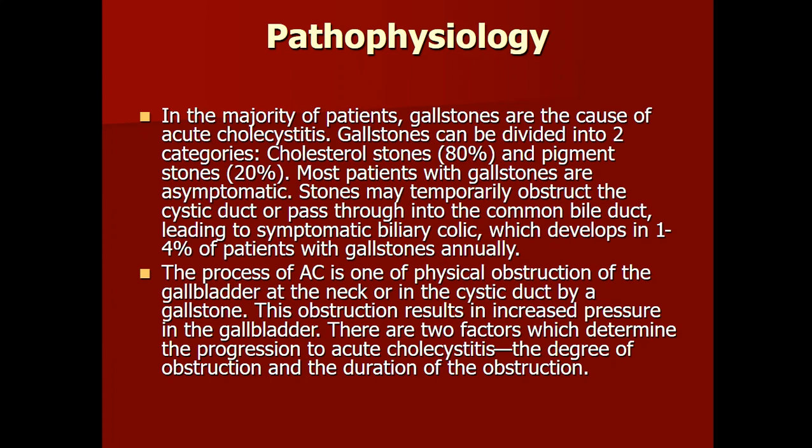If the obstruction is partial and of short duration, the patient experiences biliary colic. If the obstruction is complete and of long duration, the patient develops acute cholecystitis. If the patient doesn't receive early treatment, the disease becomes more serious and complications can occur.